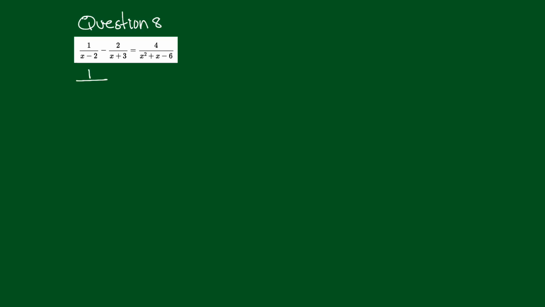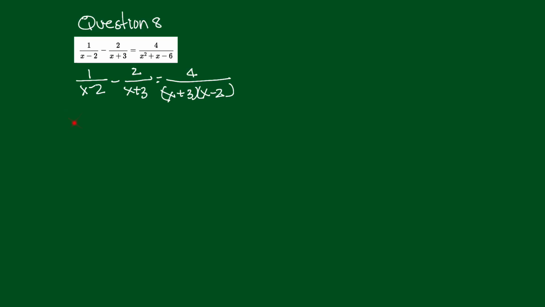We've got 1 over x minus 2, minus, subtraction this time, 2 over x plus 3, equals 4 over, let's factor, x plus 3 minus 2, and what do you know, they just happen to match our factors over here.